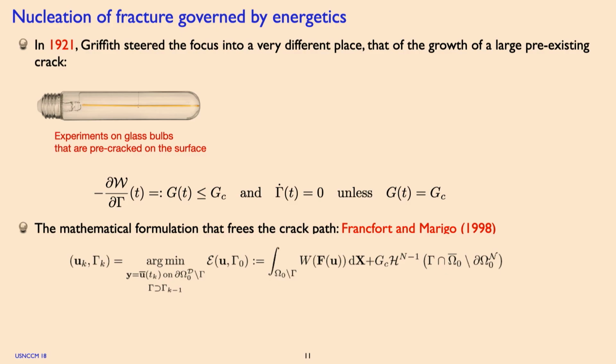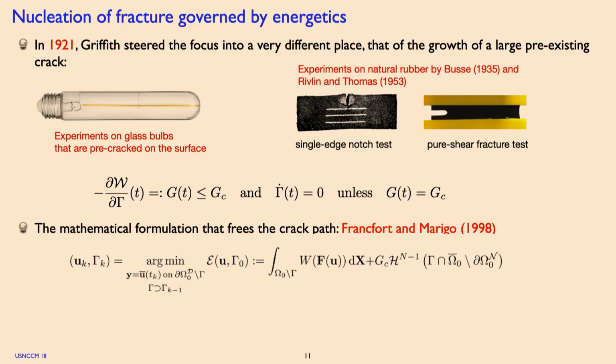And by the way, these experiments were done on hard materials, right, glass, but analogous experiments have also been done on soft materials. Right? So experiments were done on natural rubber by Boos, and Rivlin and Thomas later on used these same ideas and demonstrated that they can explain the observations, right, for both hard and soft materials when you have a large pre-existing crack. Okay? Now, this equation only tells you when you reach criticality.